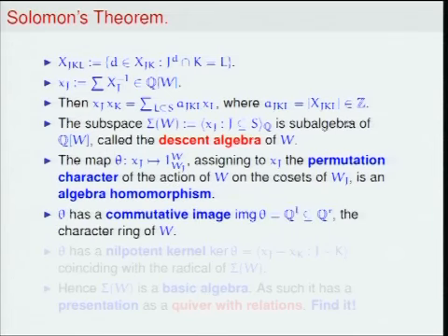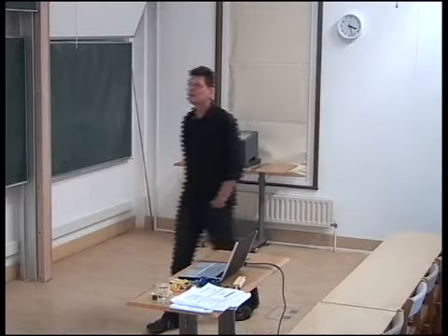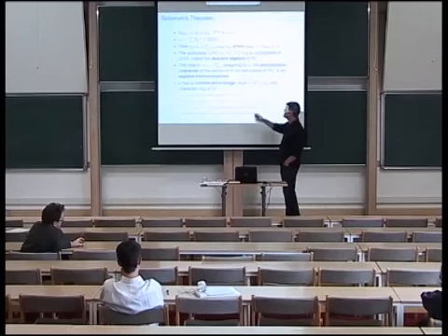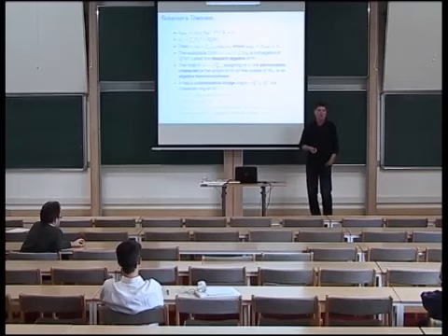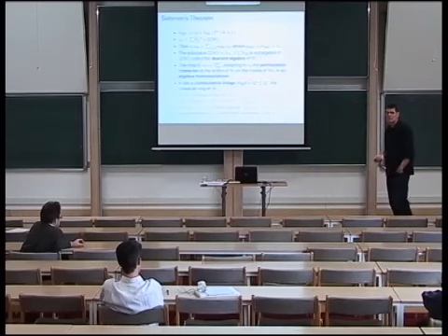If you look at this map more closely, then of course the image of this map lies inside the character ring. It might be a proper subring of the character ring, but the character ring is a commutative algebra, and so the image must be commutative.